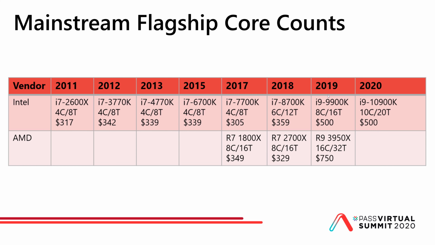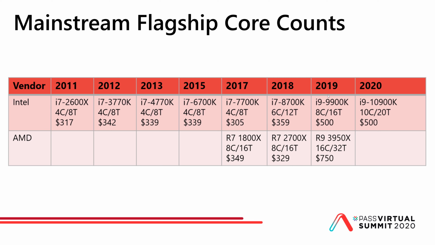Here's one reason why a lot of enthusiasts such as myself are really down on Intel. If you look here, what this table is showing you is the mainstream desktop flagship core counts that were available with different generations going back to 2011.